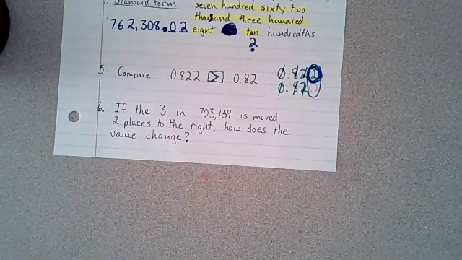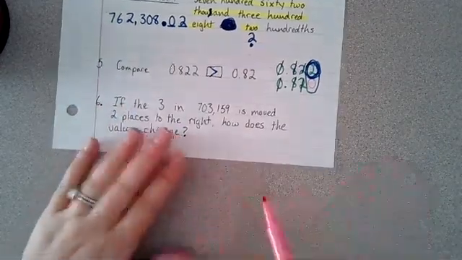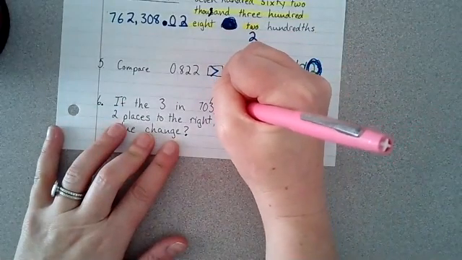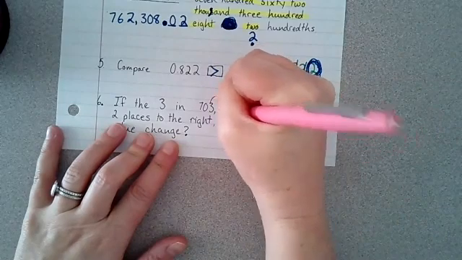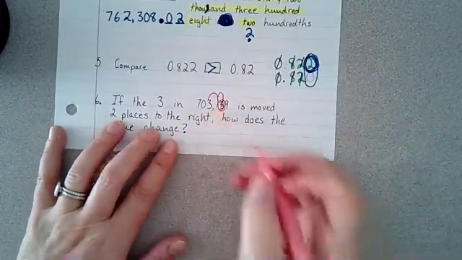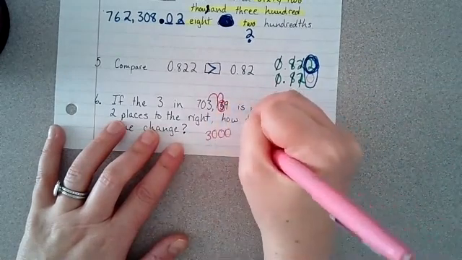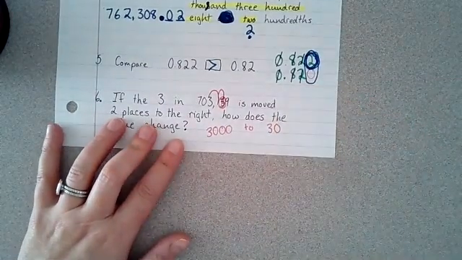I'm dividing by 10. So if I move it 2 places to the right, take your pen, take it right up here and go 1 place, 2 place. So now I moved the 3, so it goes from being worth 3,000 to now it is worth 30. Does that make sense?